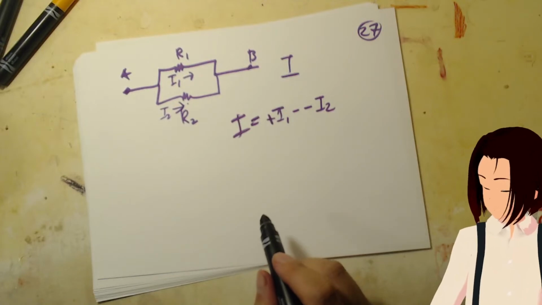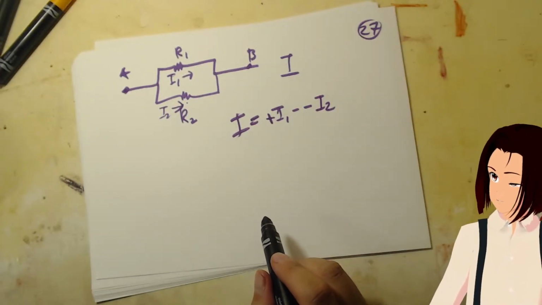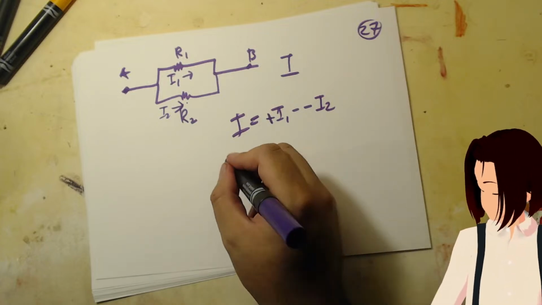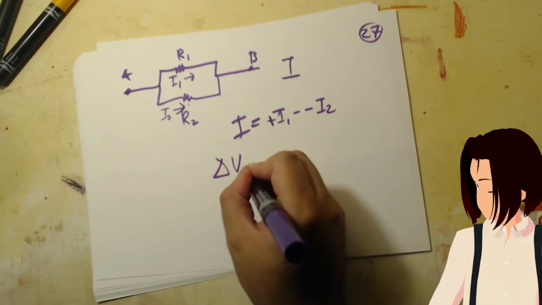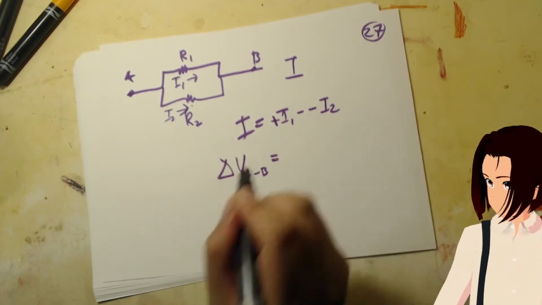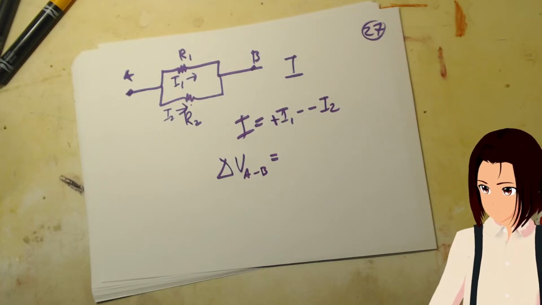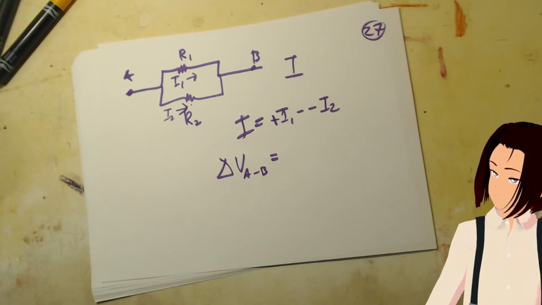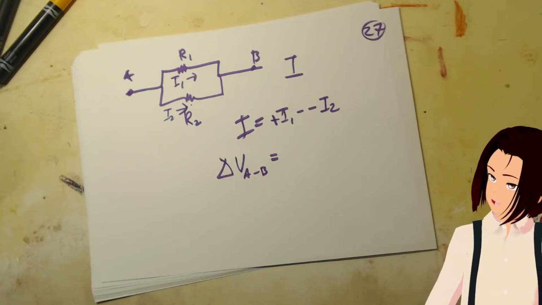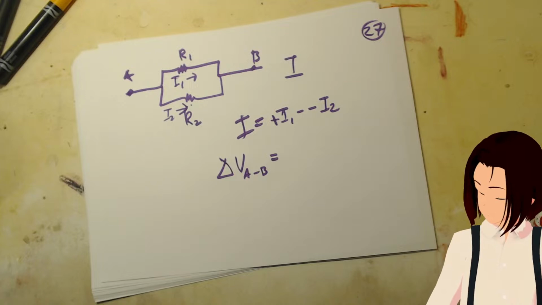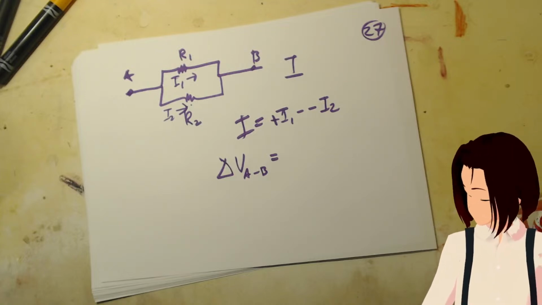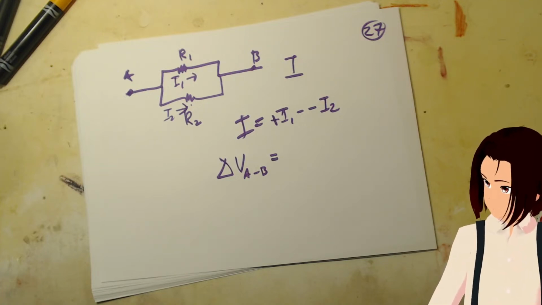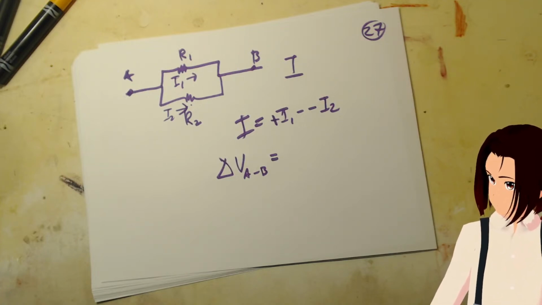That's true. So what is the potential difference between A and B? What's V A B? Do you know? It's the same as V1 and the same as V2. Yep.